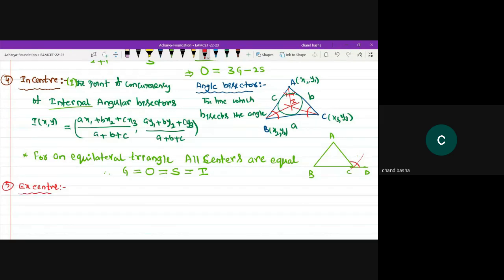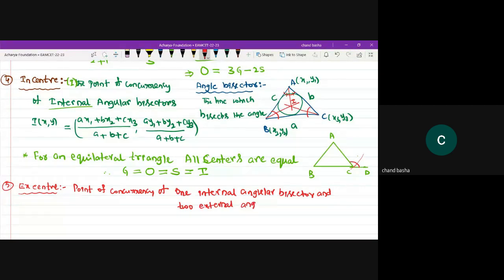It is a point of concurrency of one internal angular bisector and two external angle bisectors.